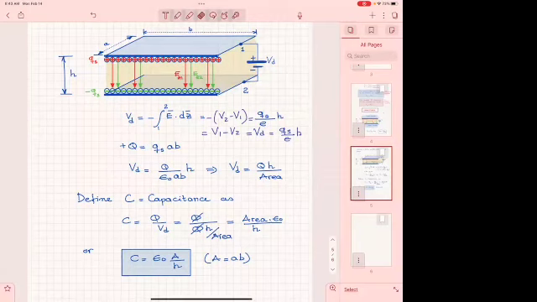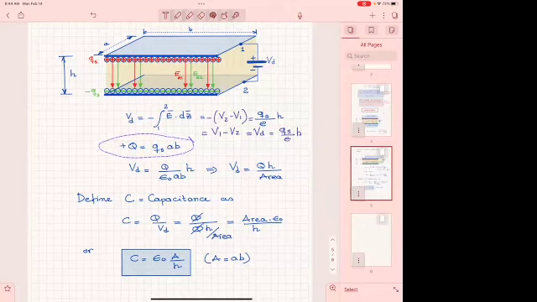All right. Now, what else do we know? We know that since it's a finite conductor, both on top and below, we have a total Q. And because Q is distributed evenly throughout the conductor, the total Q is going to be the surface charge density multiplied by the surface of the conductor for the positive, and the same thing for the negative side.